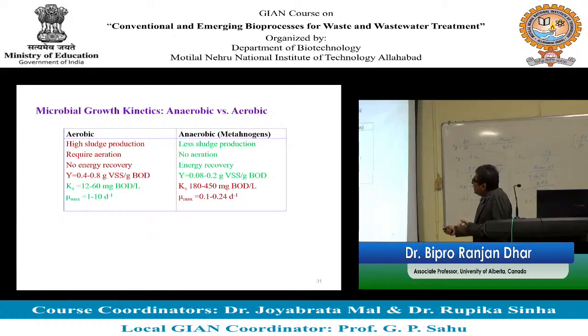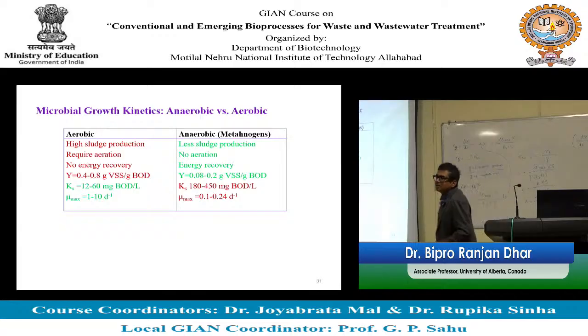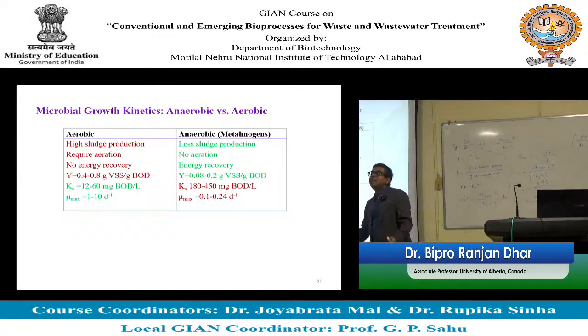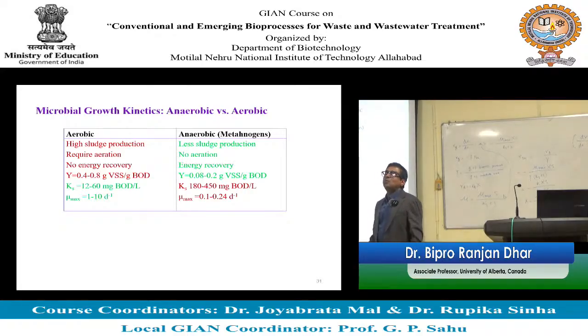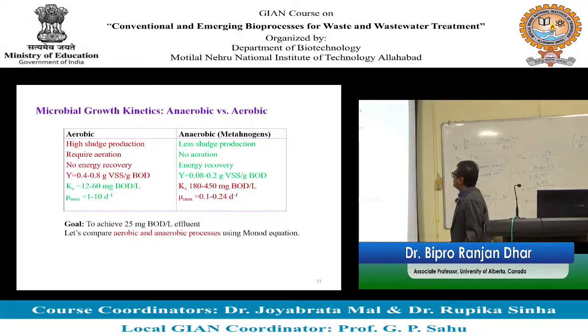So this Ks and mu max are the deal breaker here. That's the only reason why we cannot use the anaerobic process everywhere: mu max is low and Ks is high. We have the Monod equation now, so we can plug those numbers in and see whether what we are saying is correct or not.